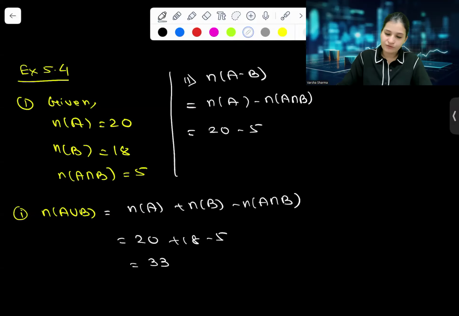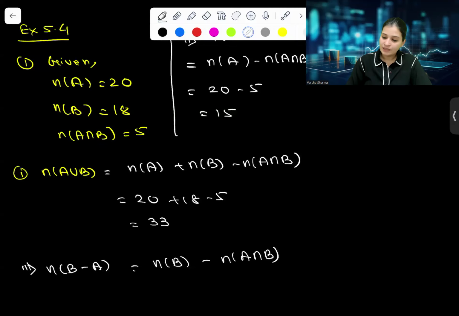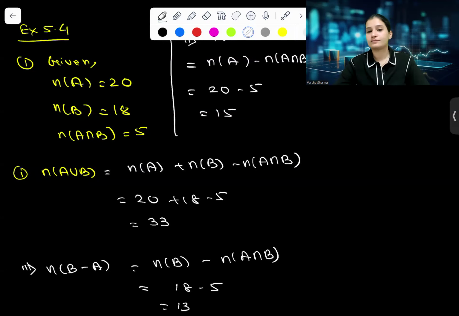So 20 minus 5, 15. How do we find B minus A? From B, subtract A intersection B. So B was 18, subtracting 5, we get 13. Yes? Any doubts? Okay.